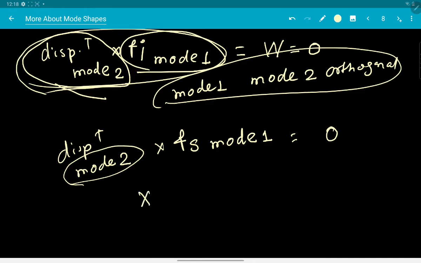That is, x2 transpose K matrix x1 is also 0. You can give it a try. Let's try to do that, whether we get it that way.